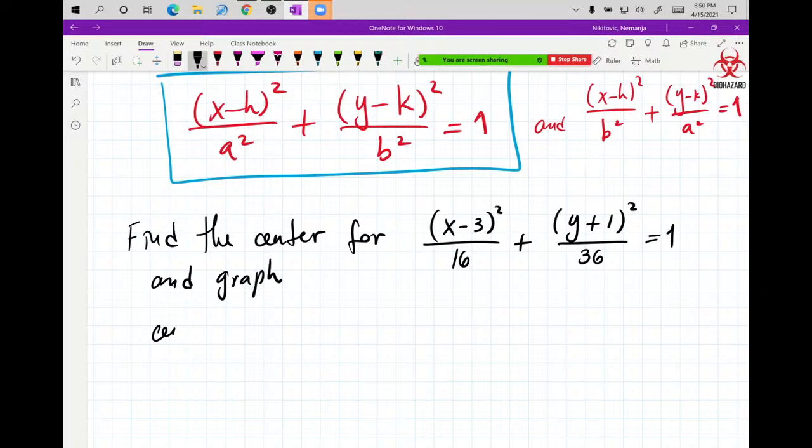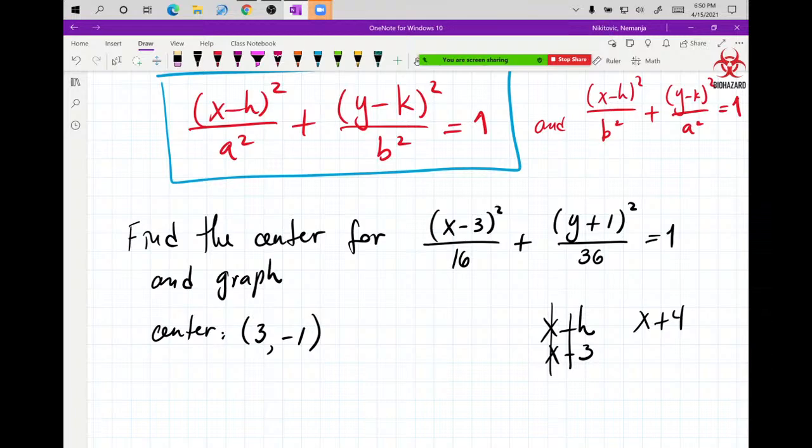So the center would be at 3, because that one is with x, and then negative 1, which is with y. Please remember that your formula is x minus h. So if you have x minus 3, then h is 3. If you have x plus 4, sorry, x minus h and x plus 4, you can see that minus h equals positive 4, from where h is negative 4.